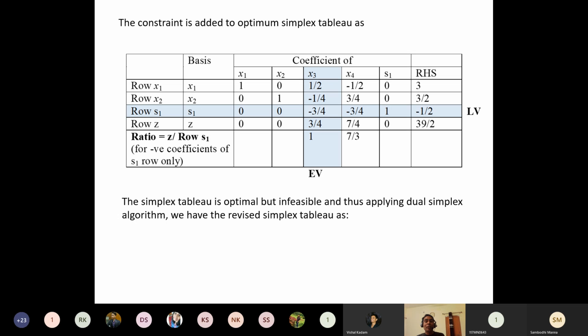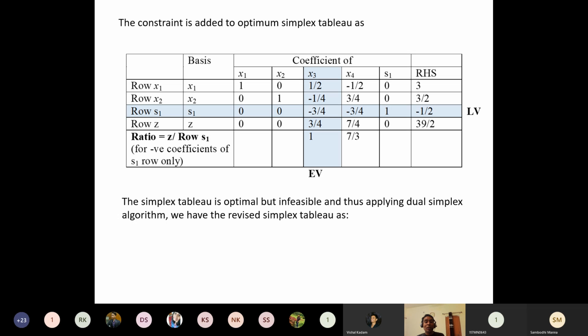So in the dual simplex, as I told, first you have to decide the leaving variable, and the leaving variable is the most negative right hand side value, here the s1 row. The s1 variable will leave the basis, and which one will enter?